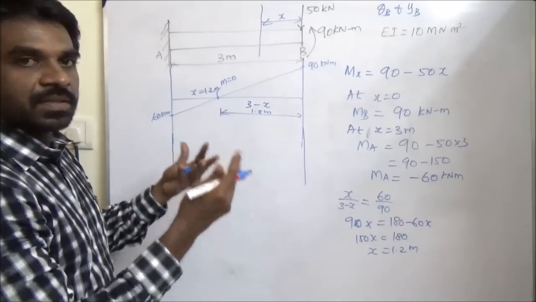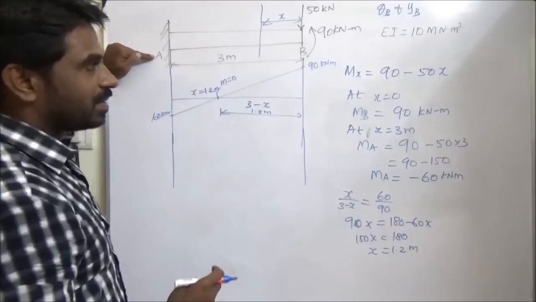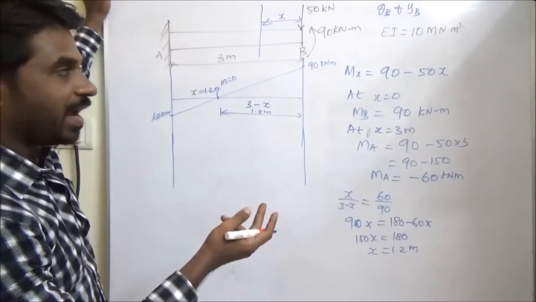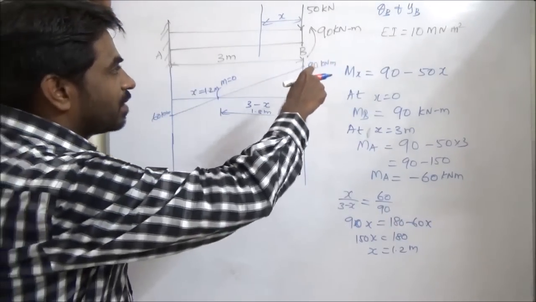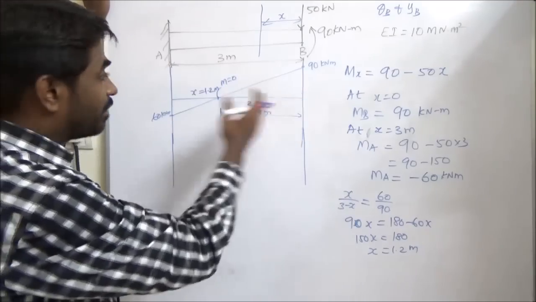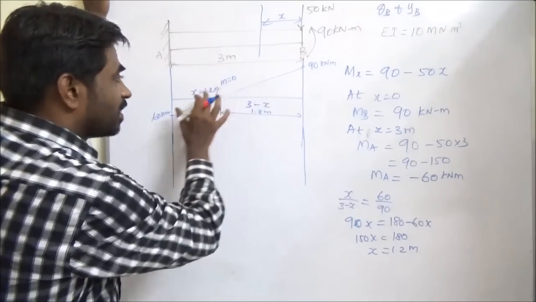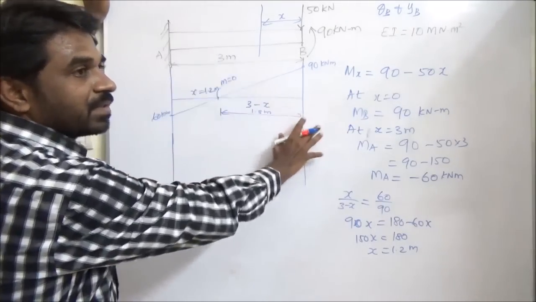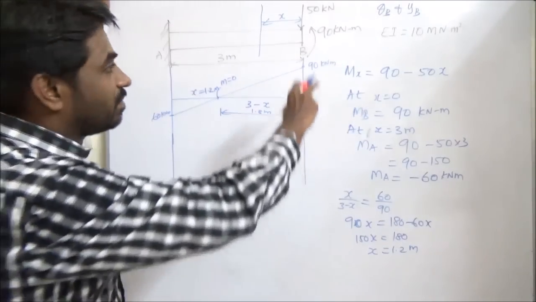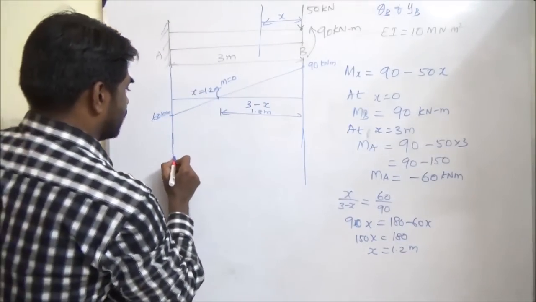So to get slope, difference of slope between A and B, so theta B minus theta A, we can directly take these two areas because it is between A and B. So total area we have to take. There are two areas. We have to add it. Then we can divide with EI, or we can calculate here itself.